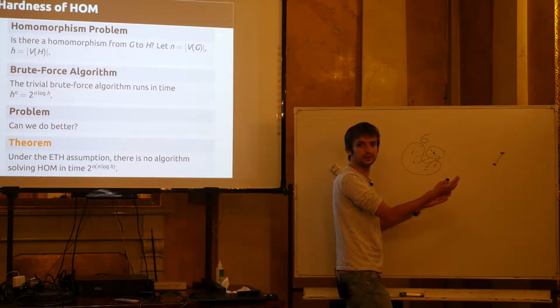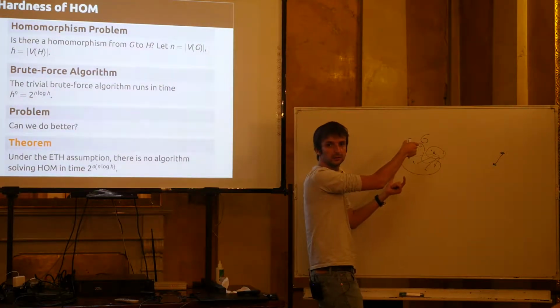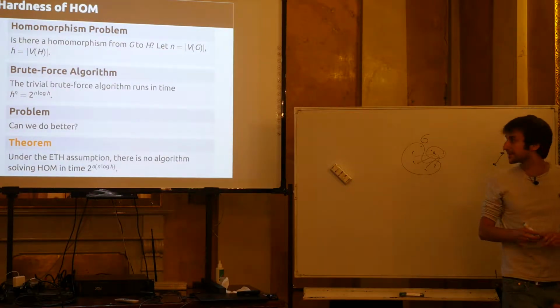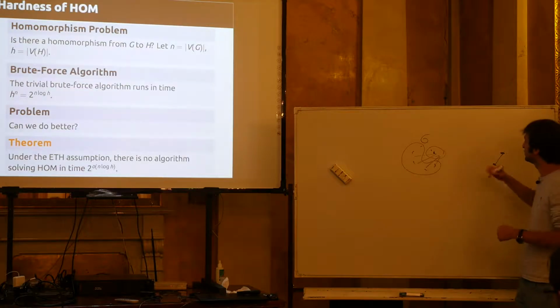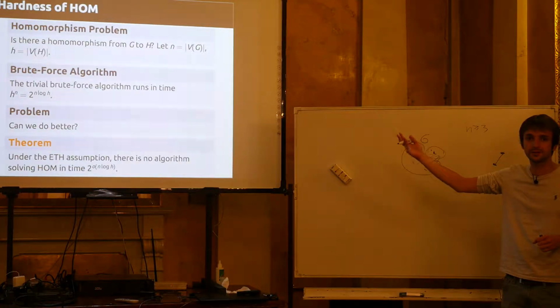On the other hand, if you find a mapping here, then you have a bipartition. So such a mapping exists if and only if G is bipartite, and this problem is solvable in polynomial time. But once H is at least 3, it's an NP-hard problem, as we saw; in particular, it generalizes 3-coloring.